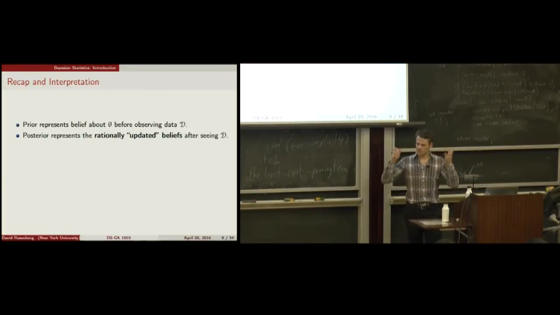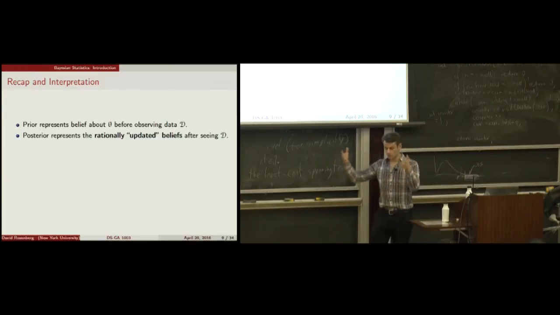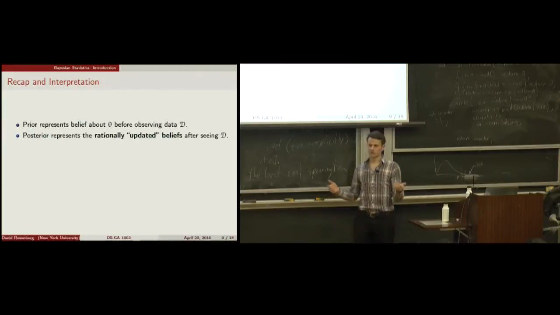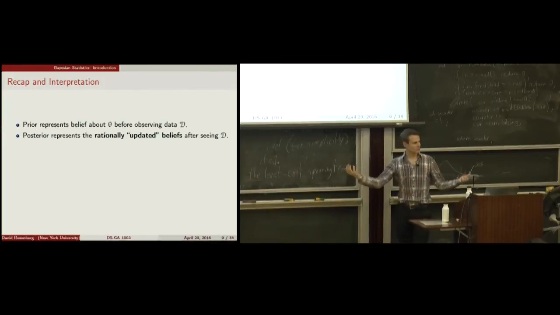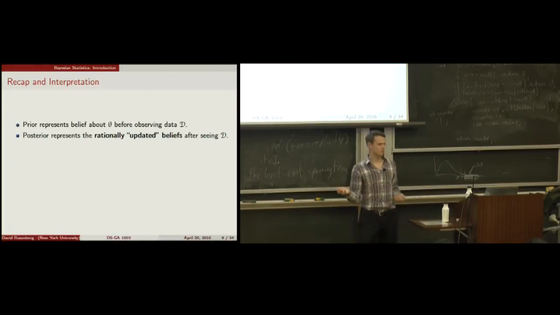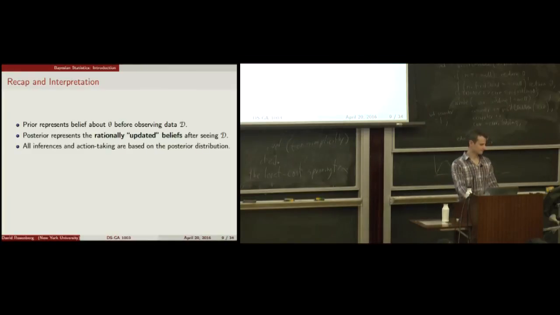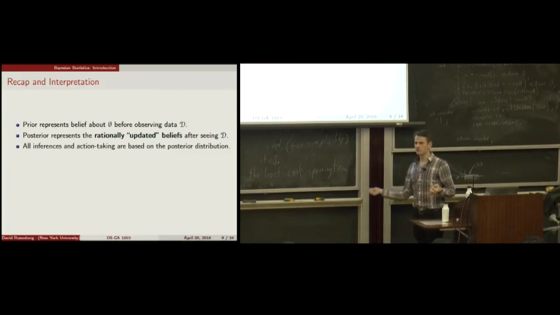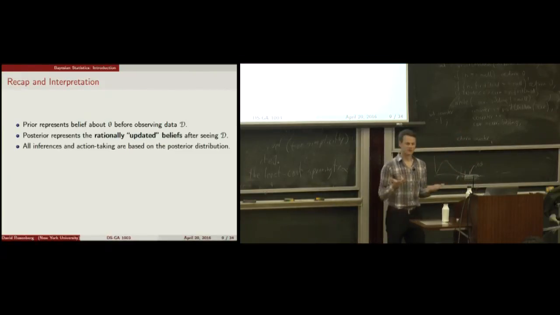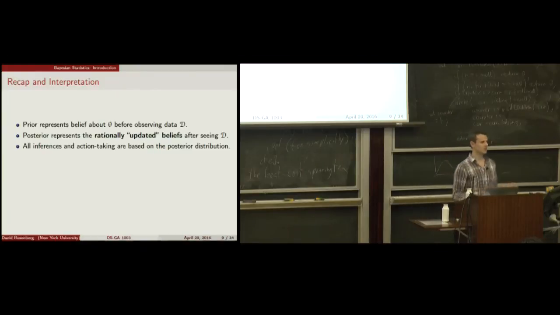As long as you can precisely code up your initial belief before seeing any data, and you believe your likelihood model to be true, then the rational belief after observing the data is exactly represented by the posterior distribution on theta, in some sense. All right. And then once you've had your updated belief on theta, any action you want to take, throw out the coin, use the coin, bet a certain amount of money that the next flip will be heads, all these decisions should be based on your posterior distribution on theta.